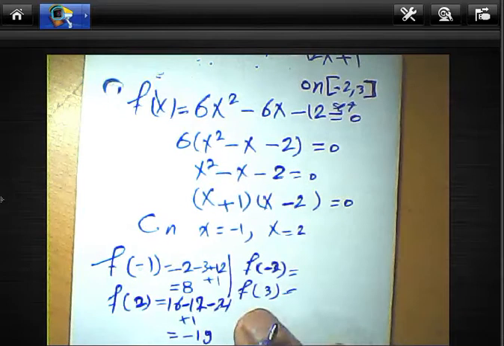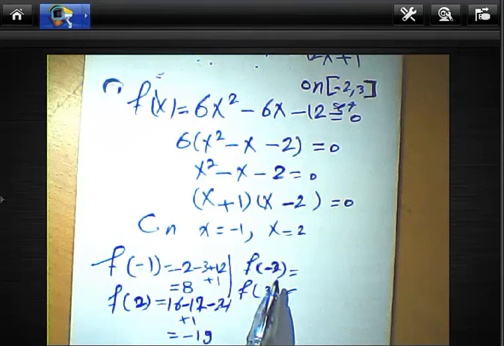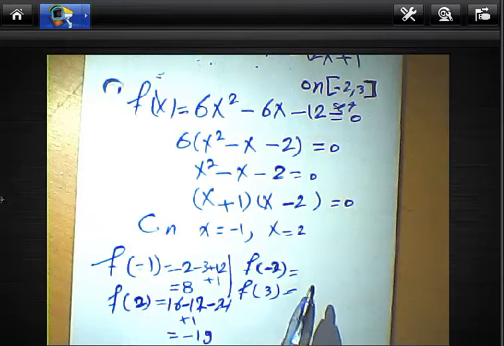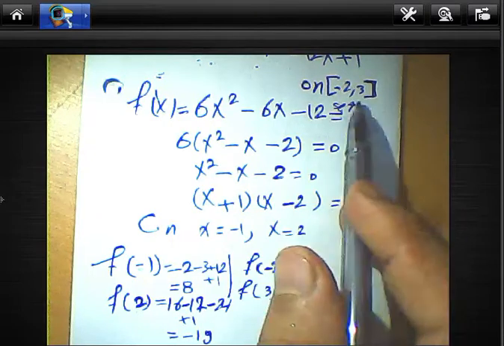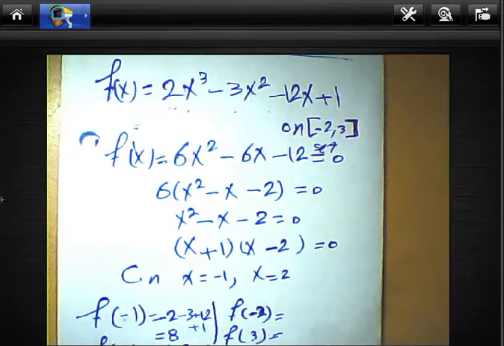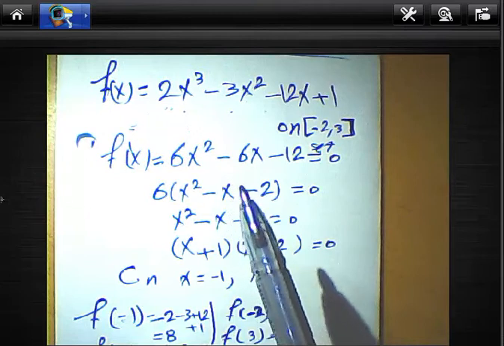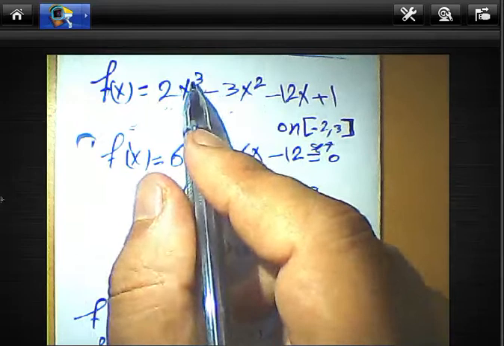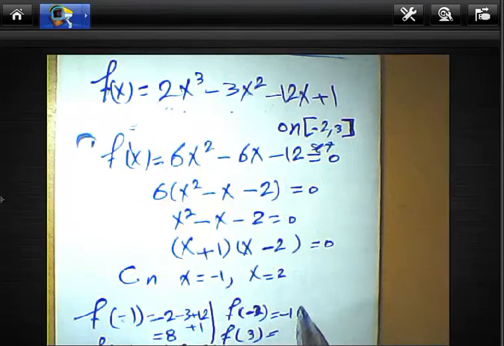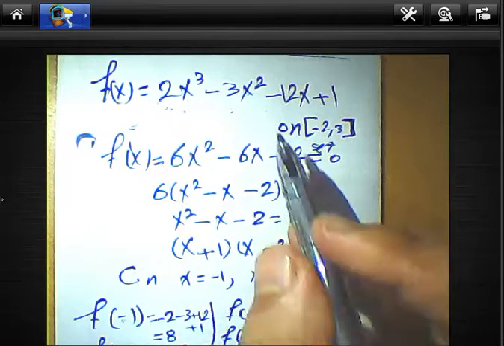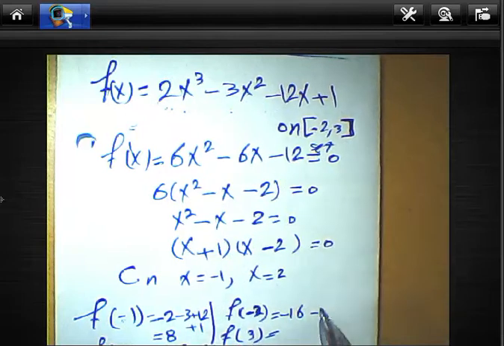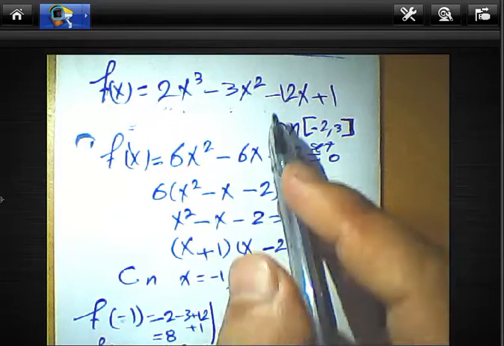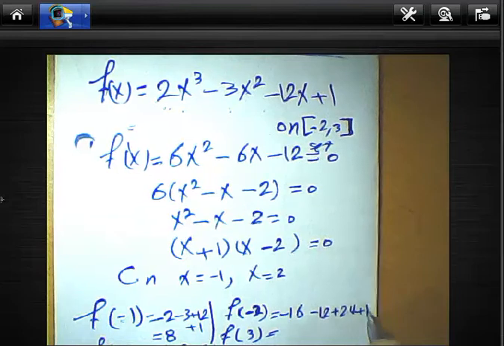And what about negative 2? Okay, negative 2 here. The result will be 2 multiplied by negative 2 power 3, which equals negative 8, times 2 equals negative 16, then times 3 times 4 equals 12, negative times negative equals positive, positive 24 plus 1.